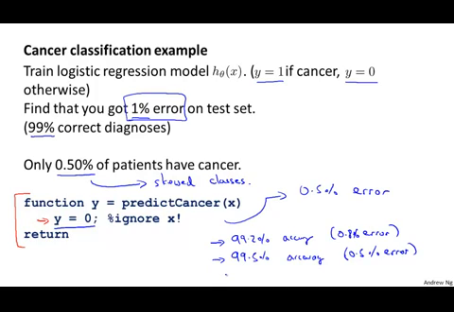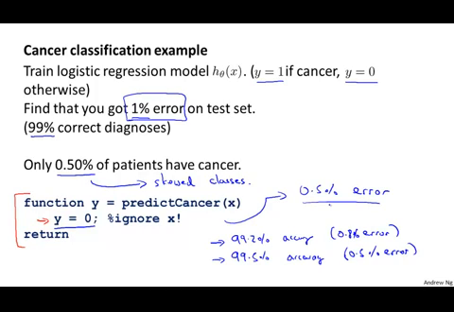So if you have very skewed classes, it becomes much harder to use just classification accuracy because you can get very high classification accuracies or very low errors, and it's not always clear if doing so is really improving the quality of your classifier, because predicting y equals 0 all the time doesn't seem like a particularly good classifier.